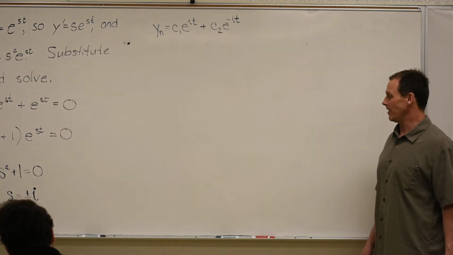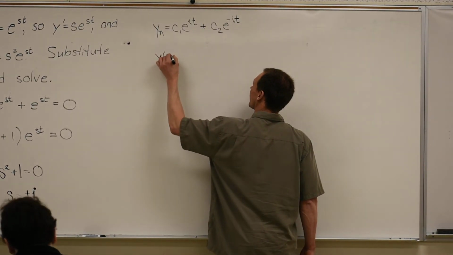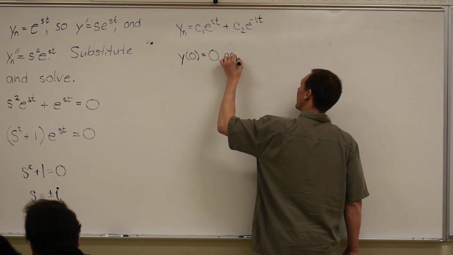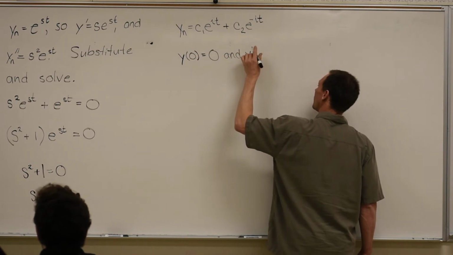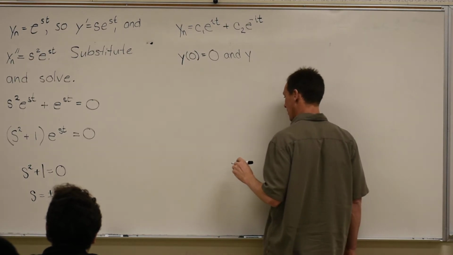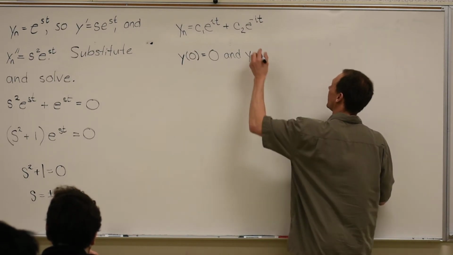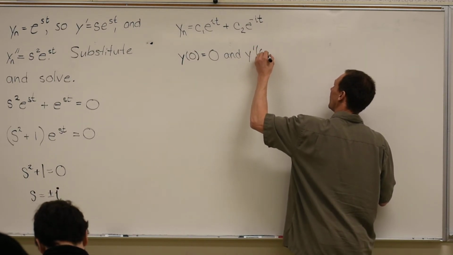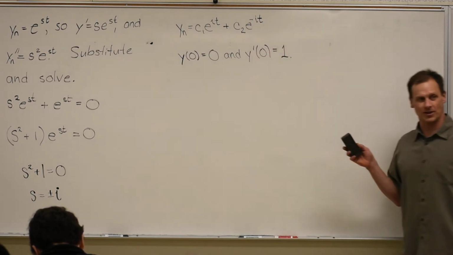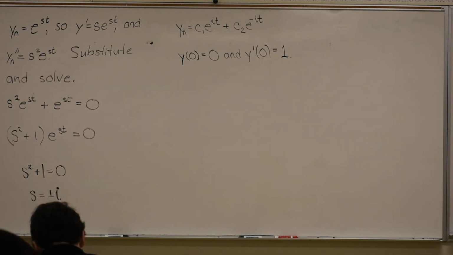So let's try this. Let's see what happens when y of 0 is 0 and y prime of 0 equals 1. So you've got two initial conditions, and now we can go back and figure out what C1 and C2 are.